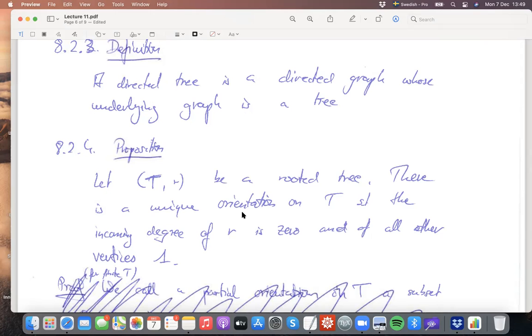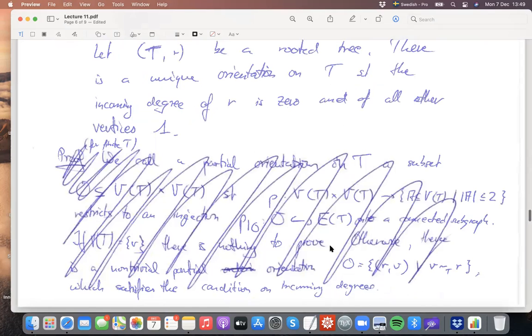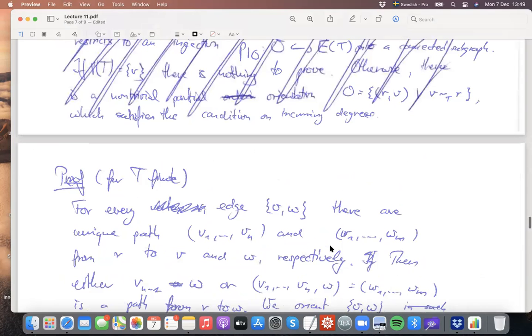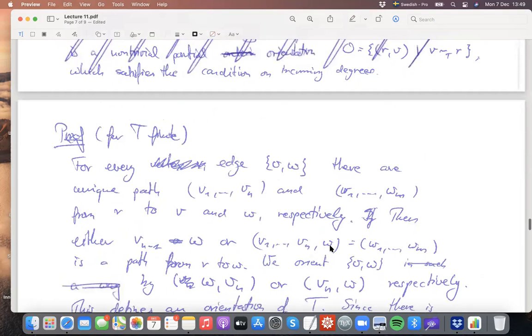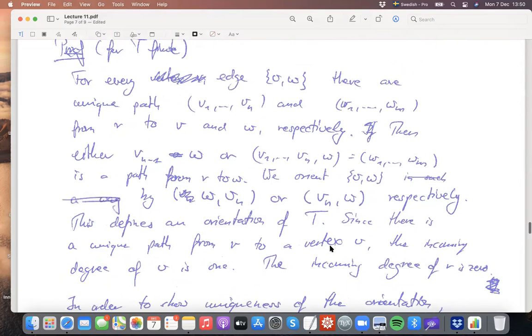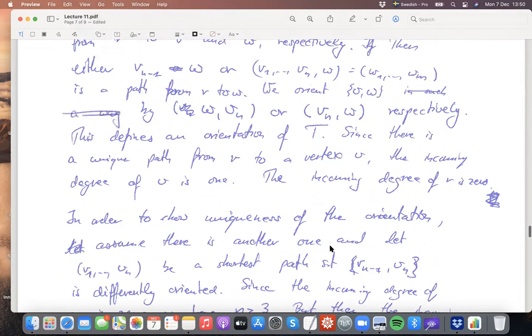And for the root, the incoming degree would be 0. And again, it's very simple to explain what is going on.